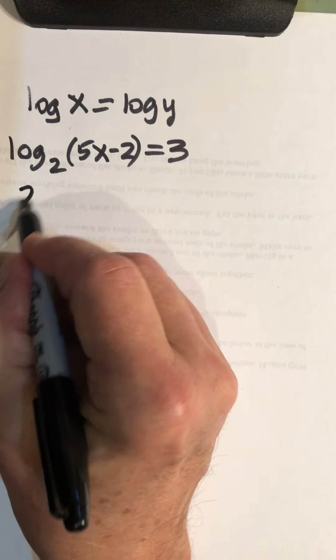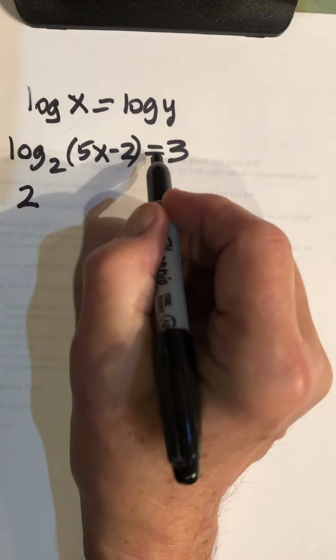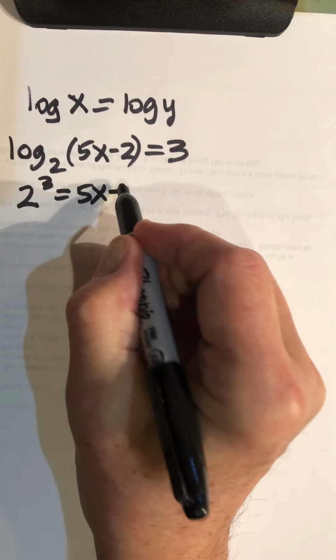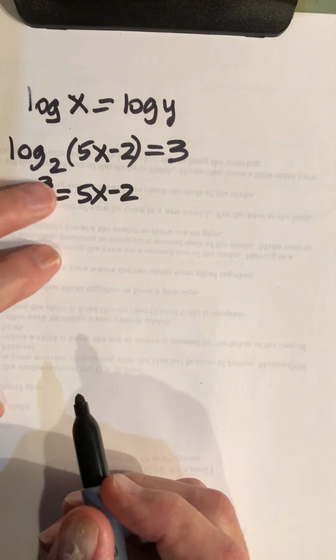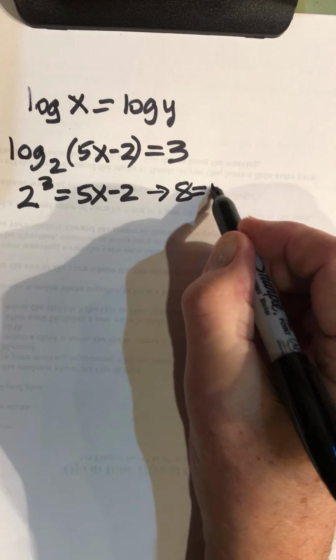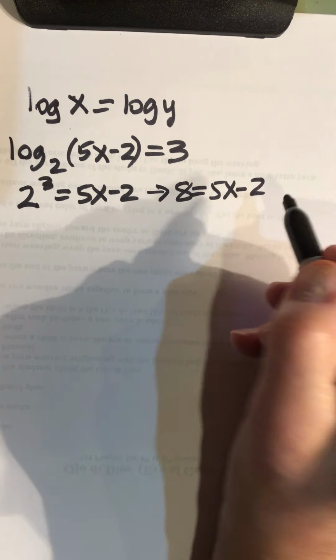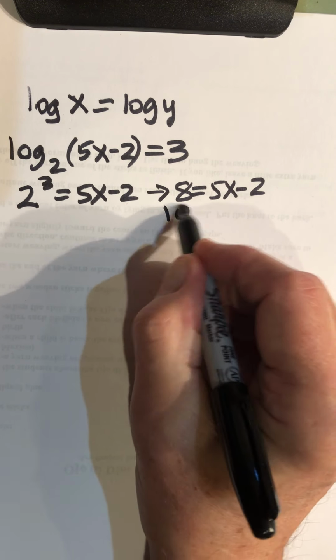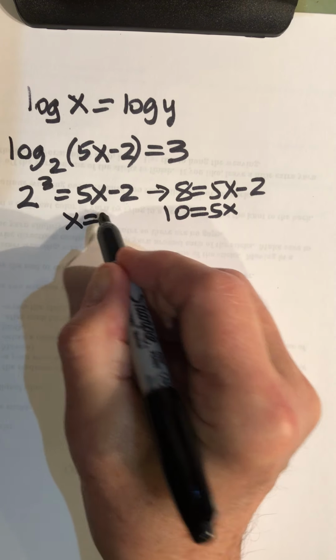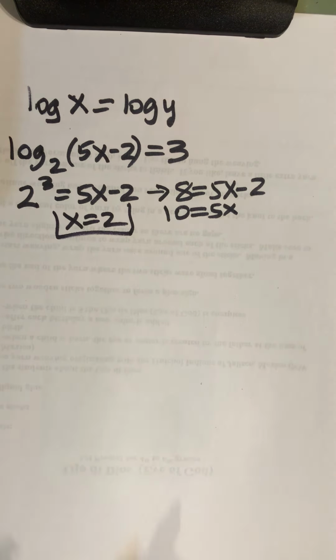So that's base 2, exponent, logs are exponents, 3 equals the argument, 5x minus 2. And 2 cubed is 8. So that's 8 equals 5x minus 2. Add 2 to both sides, I get 10 equals 5x. So x equals 2. Well, that's not bad.